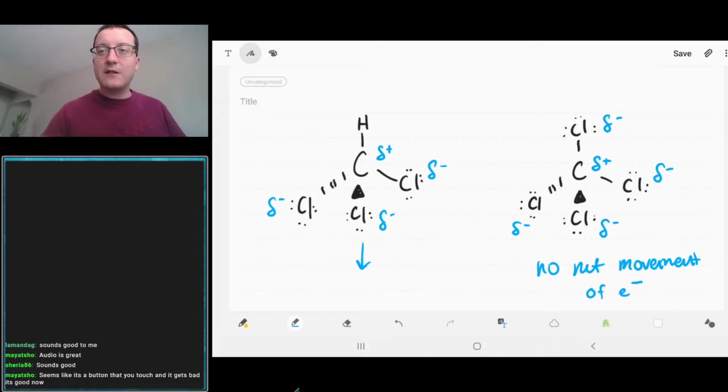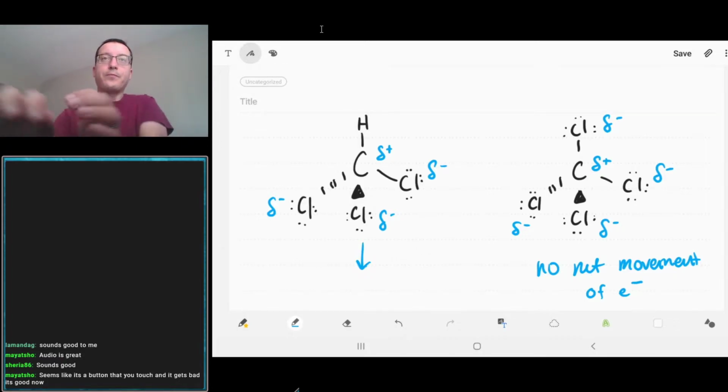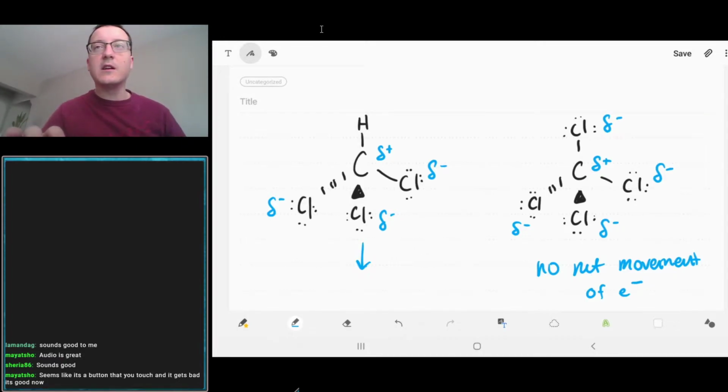I can try and find a good picture of chloroform in its molecular shape. Okay, let's see. None of these are very good pictures, but let's see if we can see the chloroform dipole.